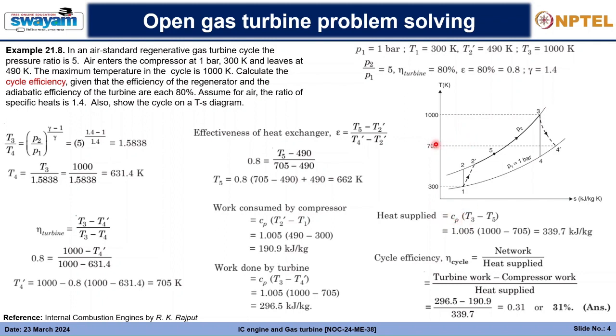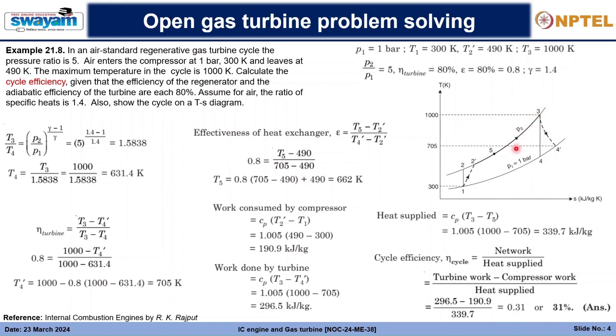So if that is given, we will have to use that value. The work consumed by the compressor, here only air is flowing through the compressor, that's why the Cp will be Cp air, and for the work done by the turbine, Cp will be Cpg, because the gas is flowing through the turbine.